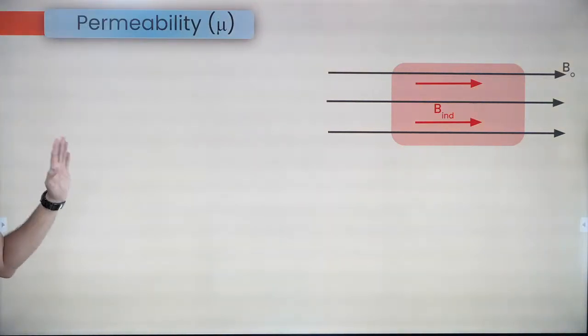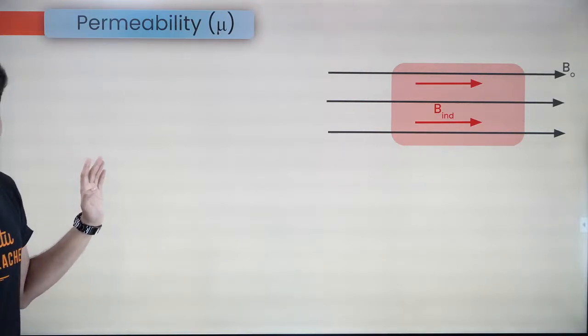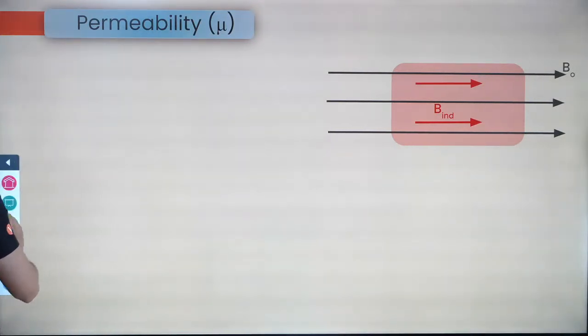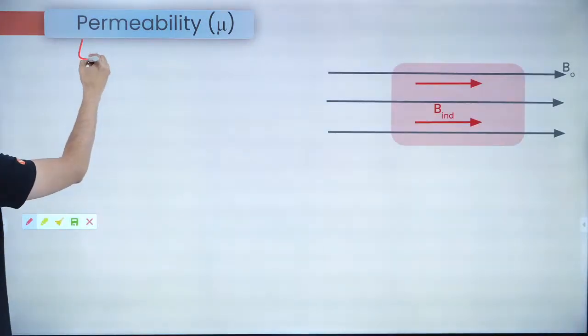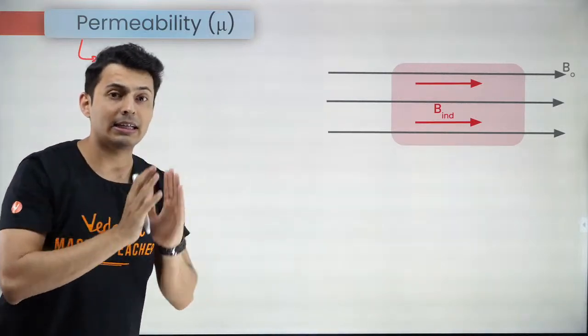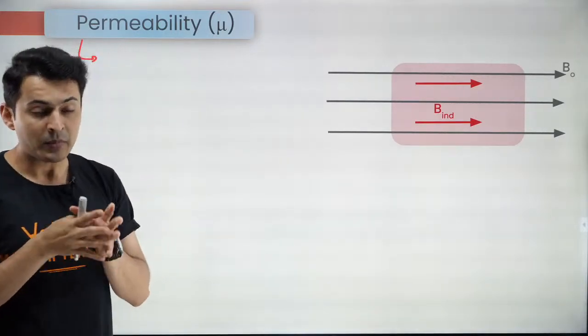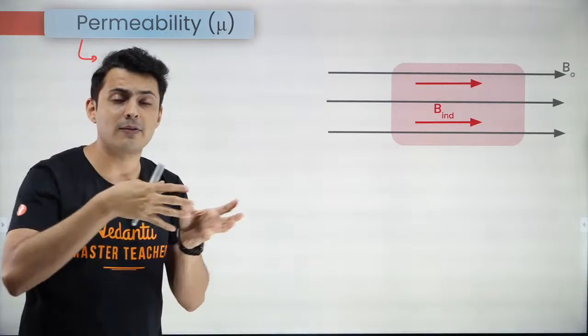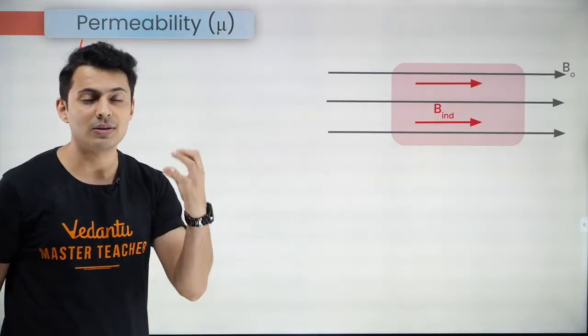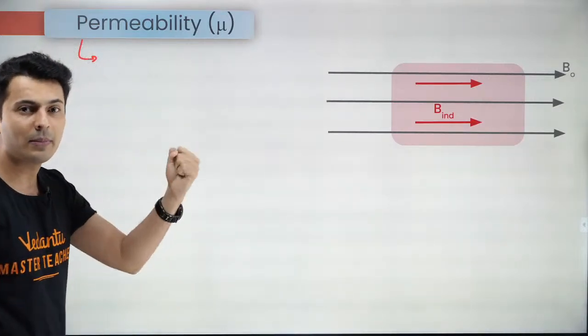Next is permeability. So what is permeability? It tells you how permeable is a material. That is, how easily can the lines of magnetic field penetrate a material? That is given by permeability.